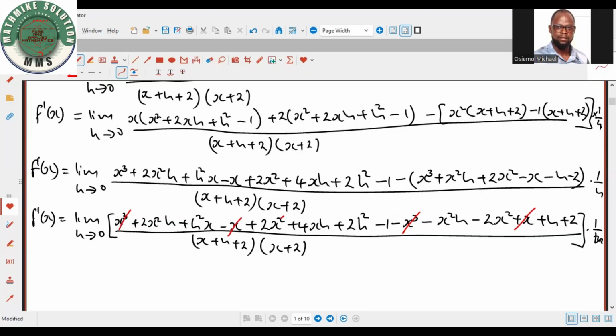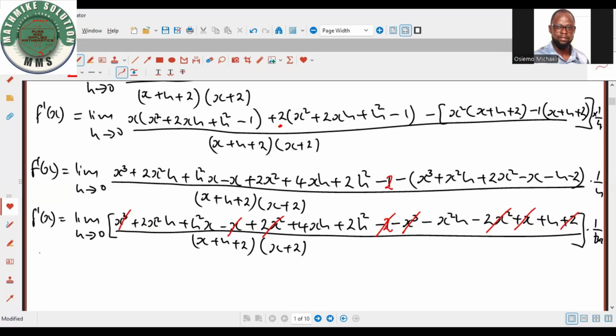We also have 2x squared and negative 2x squared will go. So this one is supposed to be 2. If you open up this bracket with this 2, this one will be 2. And so this 2 and this 2 will also go.